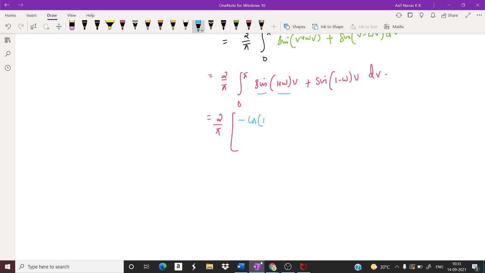Minus cos, right? Divided by 1 plus omega, plus sin of 1 minus omega v is again minus cos of 1 minus omega v divided by 1 minus omega, from 0 to pi. 2 by pi. Okay, I'm taking the minus sign outside.